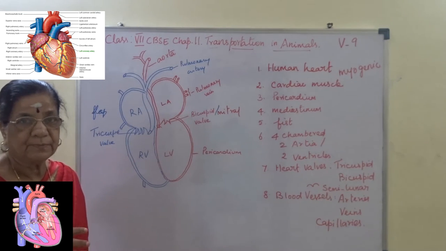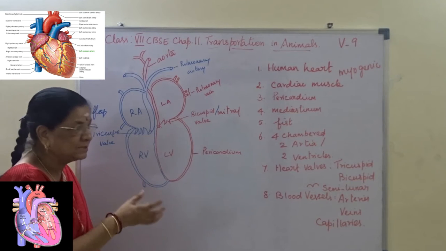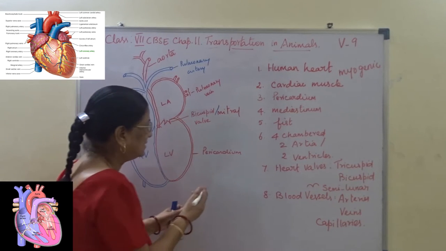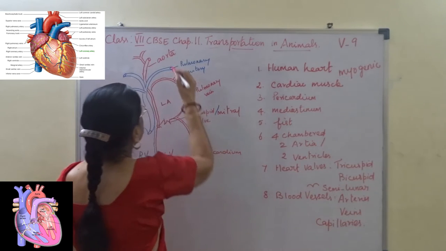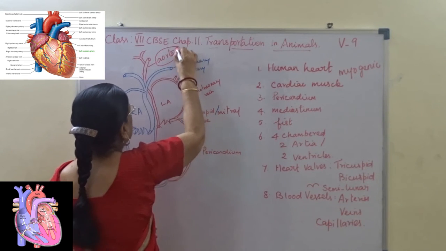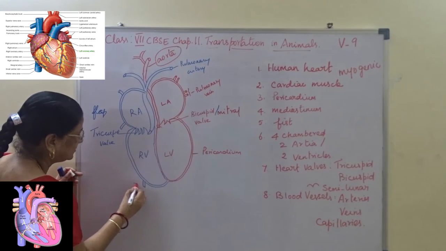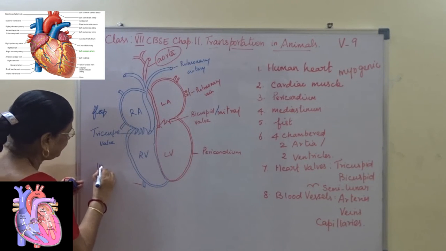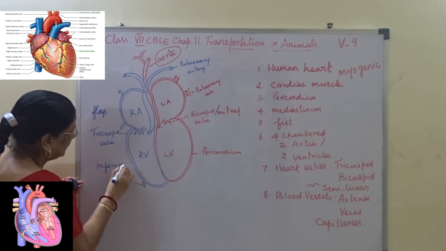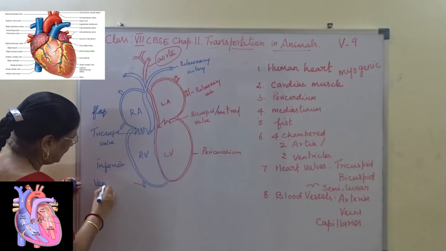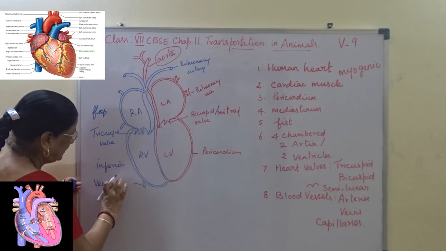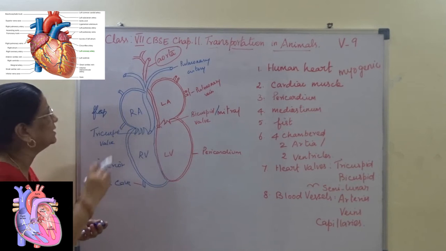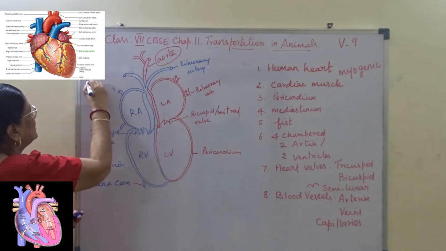Are you clear? So now the blood vessels connected to this: the major blood vessel is the aorta, this one. It is the aorta, and this is called the vena cava. This is the inferior vena cava. This is the superior vena cava.